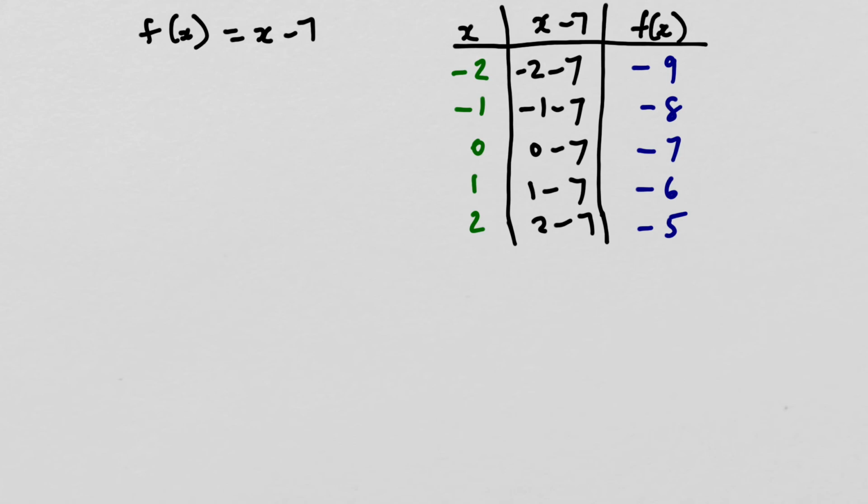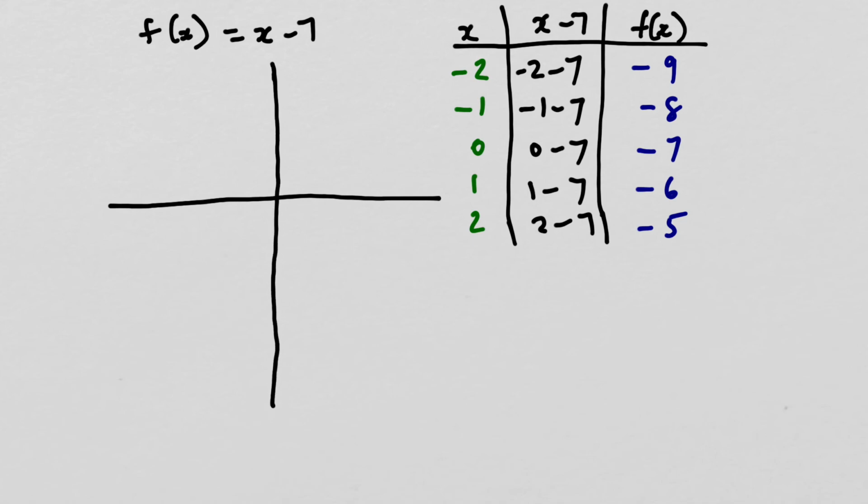So this function will look like this when you graph it. Okay, so I'm going to rewrite the coordinates here. We have our x's on the left and our y's on the right. So our coordinates will be as such.